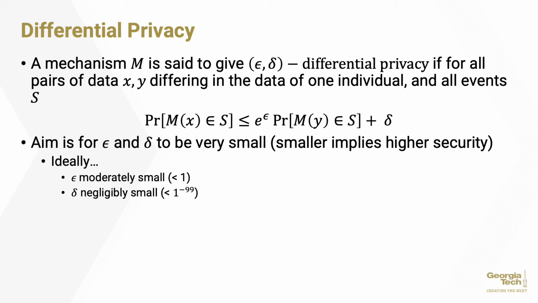And again, the aim is for those values to be small to keep the chance of difference in the datasets very small. We typically aim for epsilon to be less than 1 and delta to be very near to 0. The smaller those values, the closer those terms are to equality, which means they are more privacy preserving.